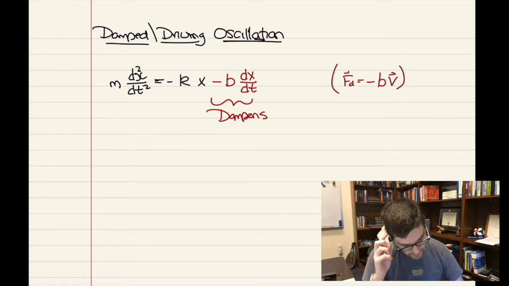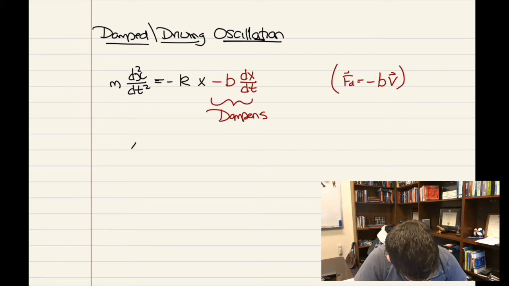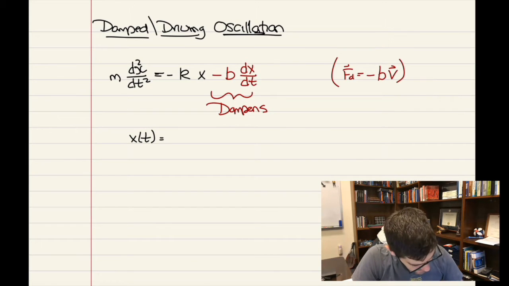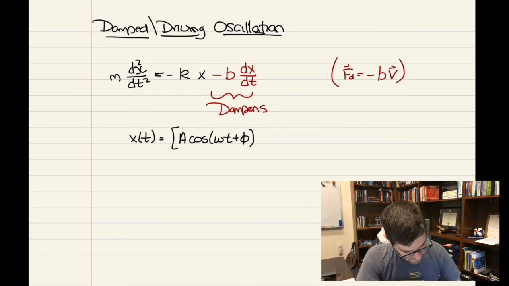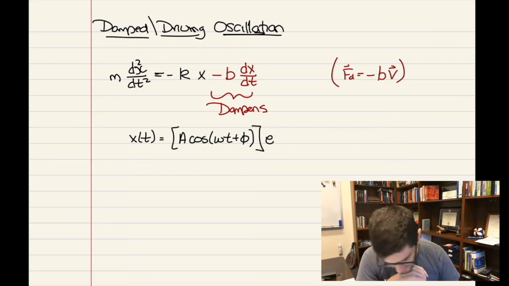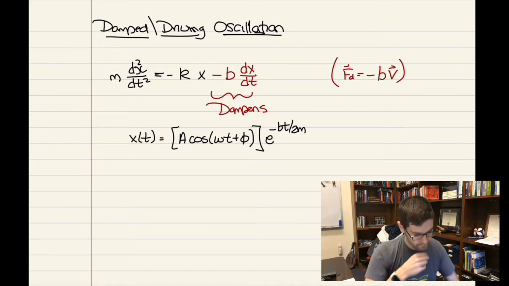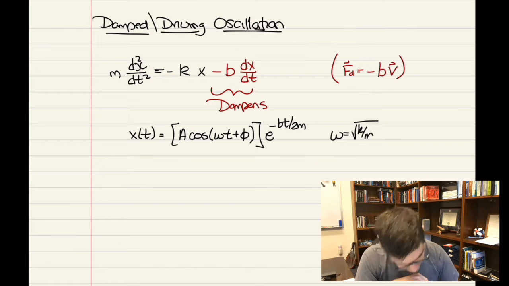In a differential equations course, you could actually solve this. I could figure out what x as a function of time is. I will just write down the solution. X as a function of time contains the simple harmonic motion. You can still write it as something like this, but on top of it, it is all multiplied by e to the minus, I think it's bt over 2m in this case, where omega is, again, root k over m.